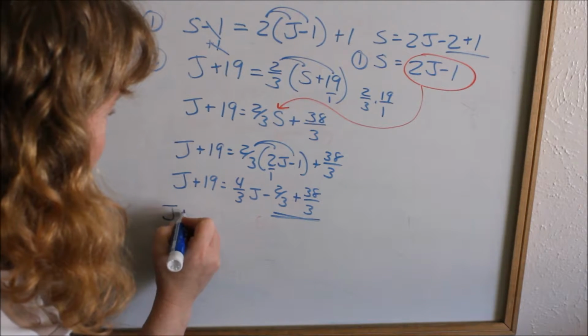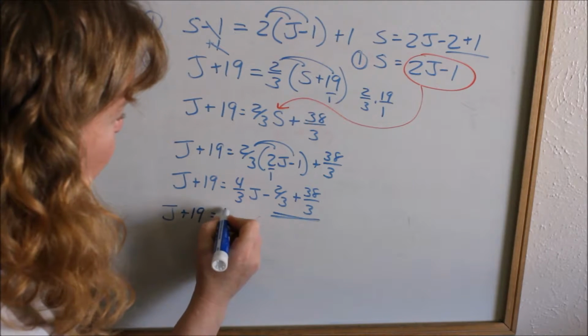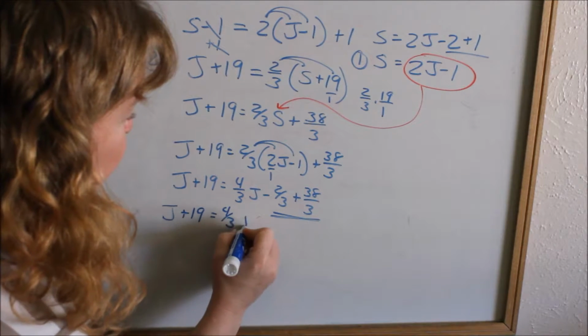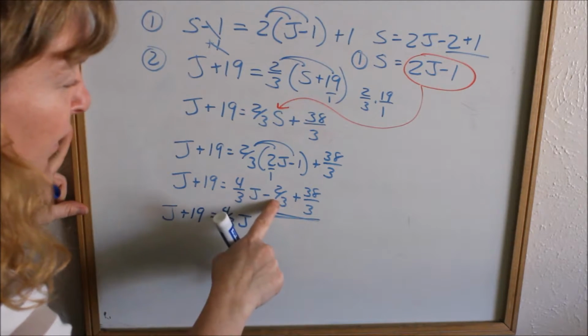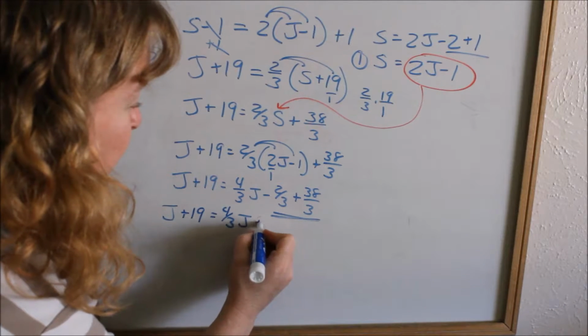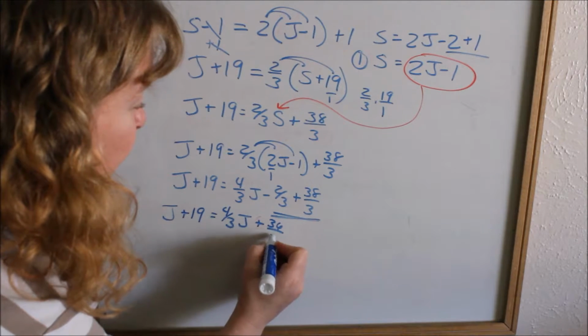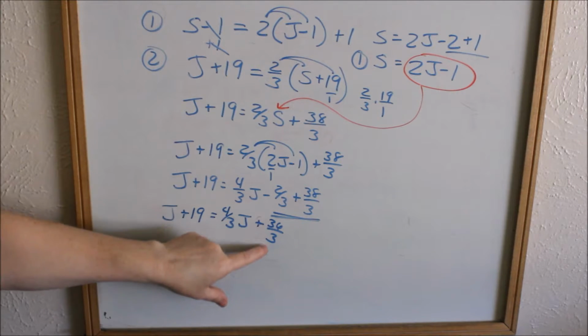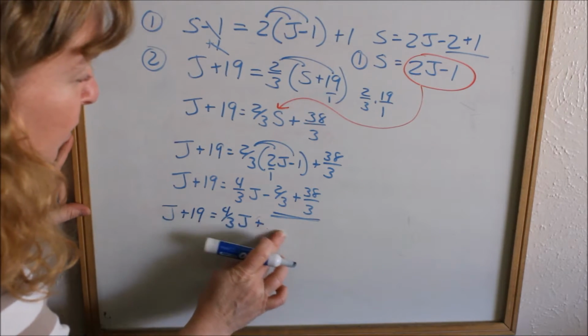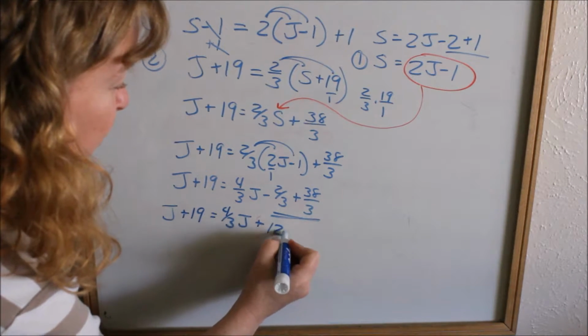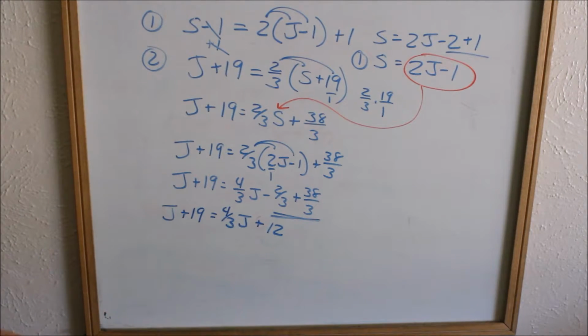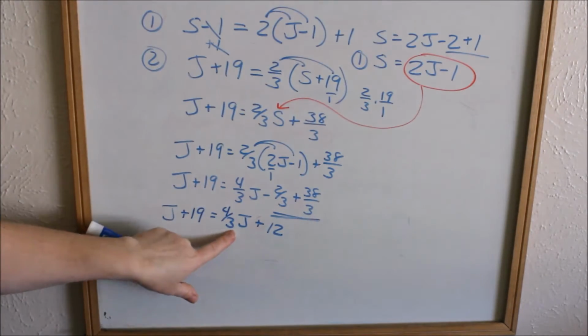So we'd have J plus 19 equals 4/3 J. Negative 2 and a positive 38 would be a positive 36 over 3. 36 divided by 3 is 12. So I can change that to 12. I'm still going to go through the motions of getting rid of my fractions.